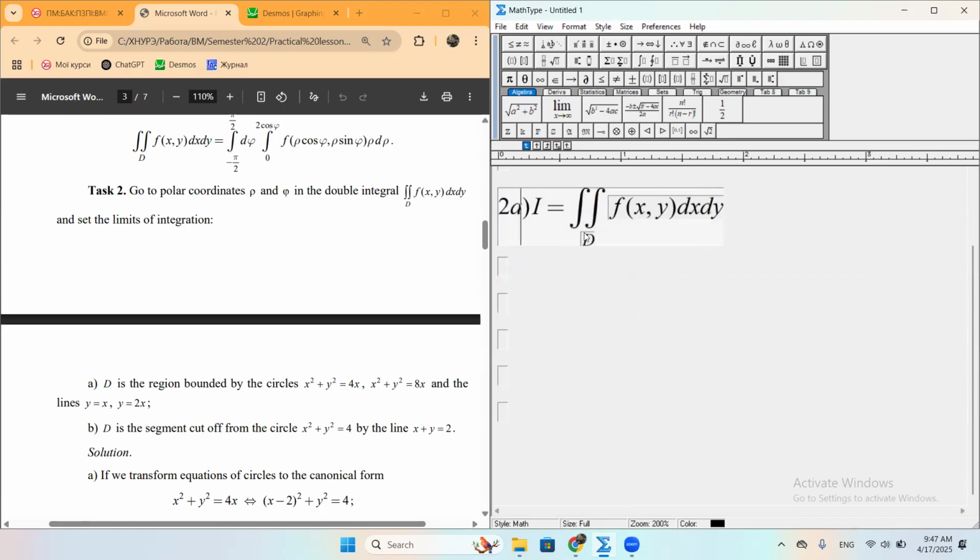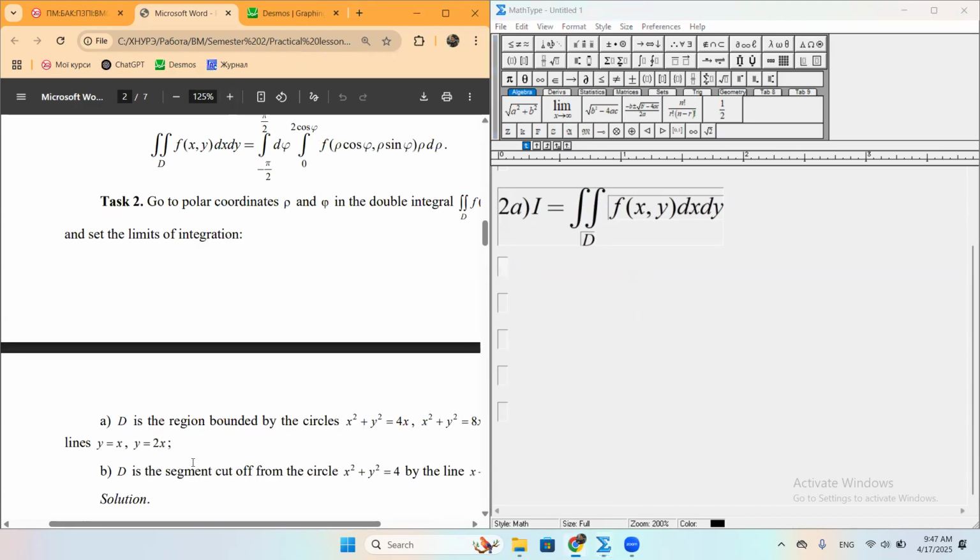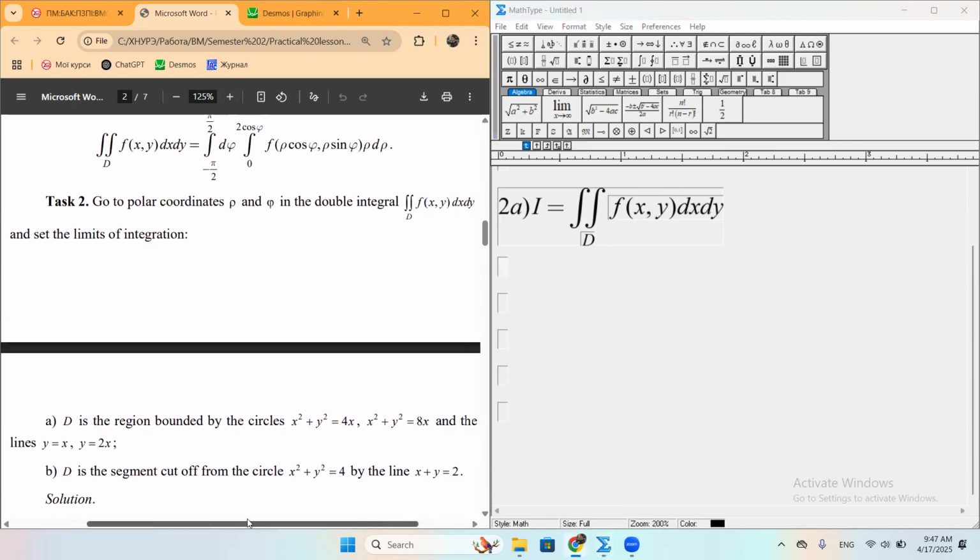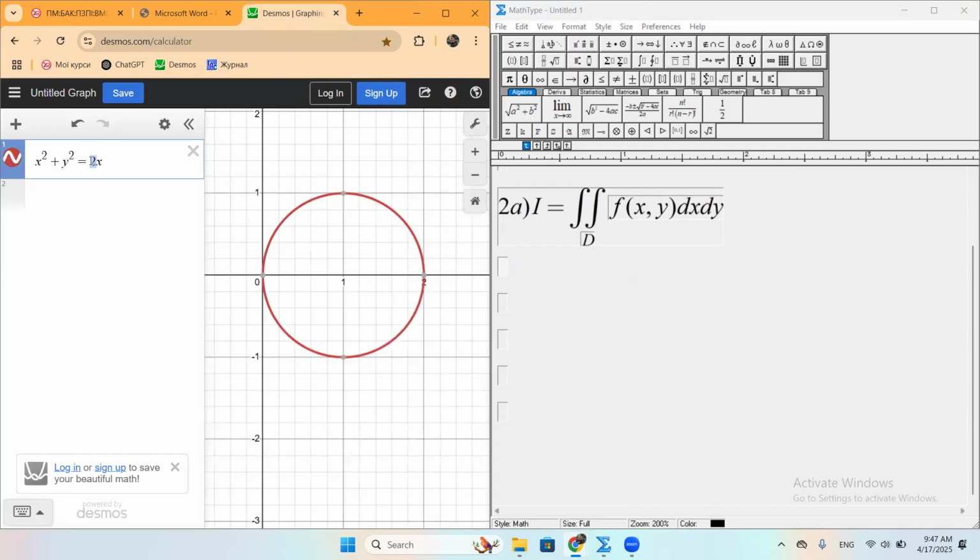So, task A. We have the following region of integration. It is bounded by the following circles and straight lines. So let's plot this region first of all. Here I will just change it to 4x.